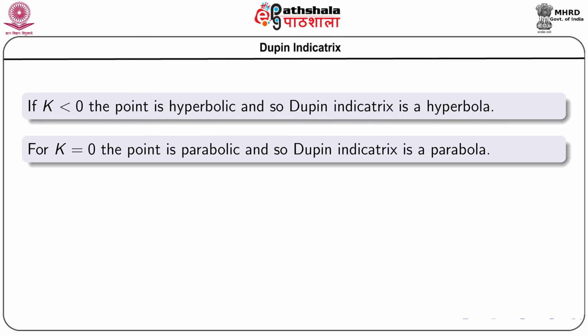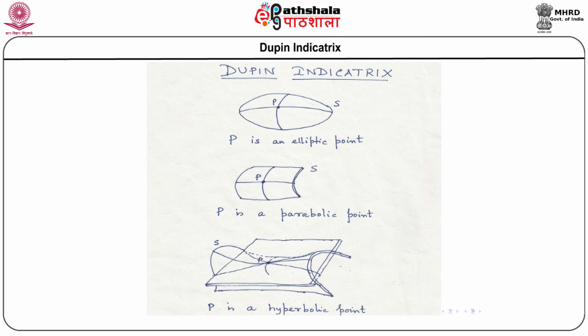Now, these things can be visualized by the given figures here. So, now let us see this figure from where we can see the Dupin indicatrix. From the first figure we see that P is an elliptic point, the surface is like an egg-shaped surface, that is an elliptic surface, where the Gaussian curvature is greater than 0.